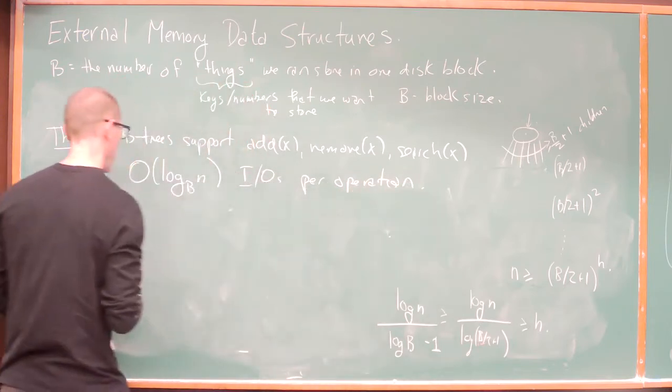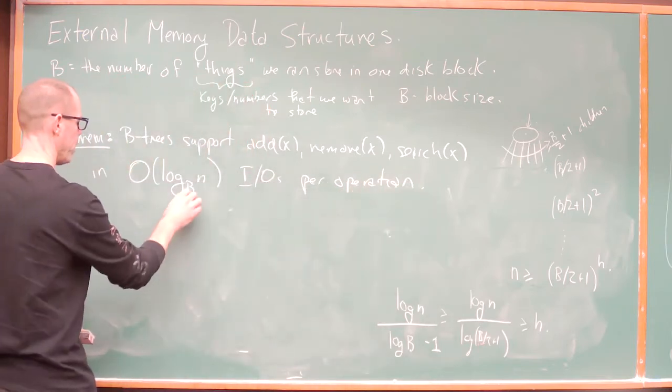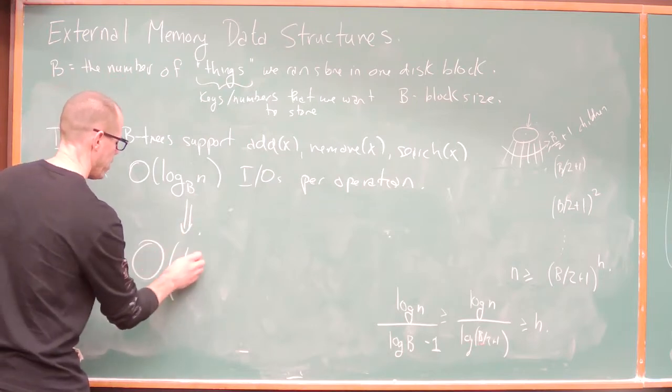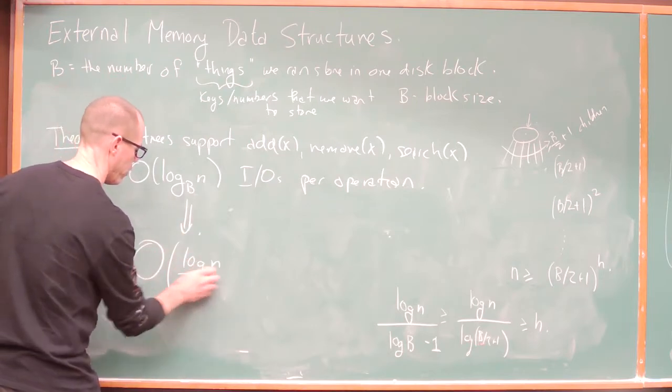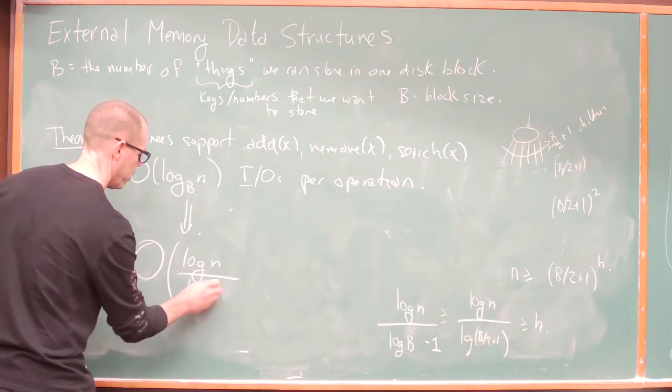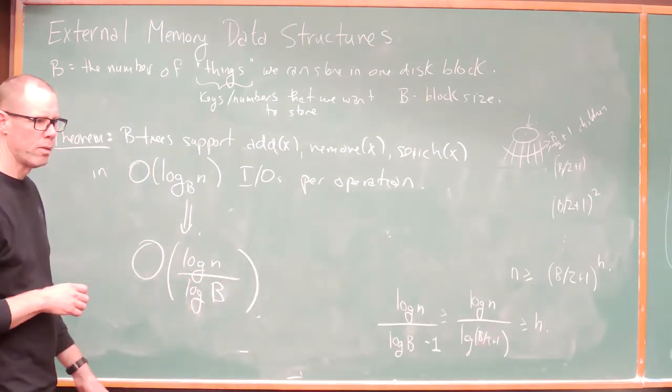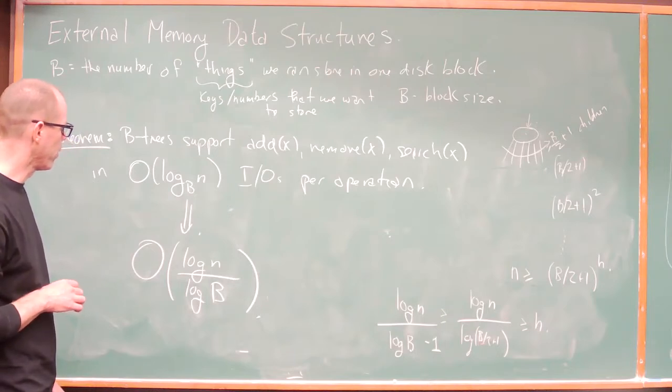And why this weird looking thing? Remember, log base b of n is just log n over log b, with a common base in both logarithms.